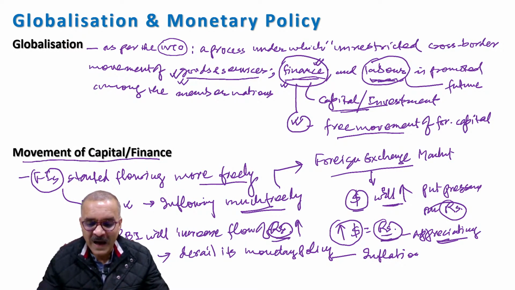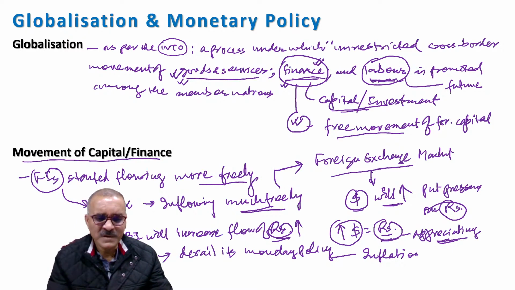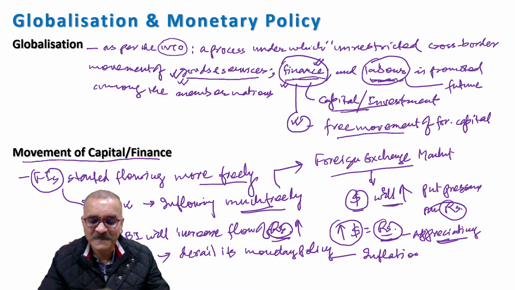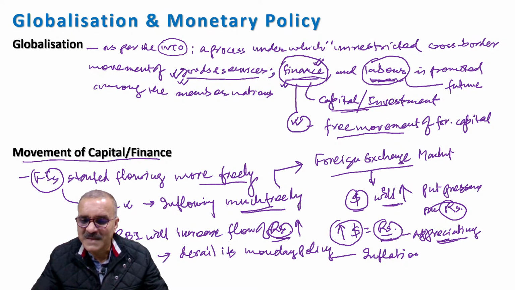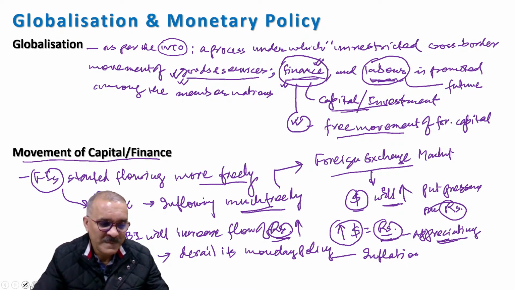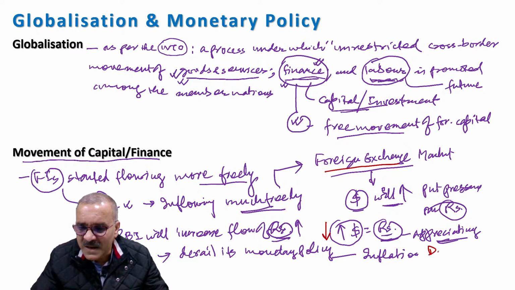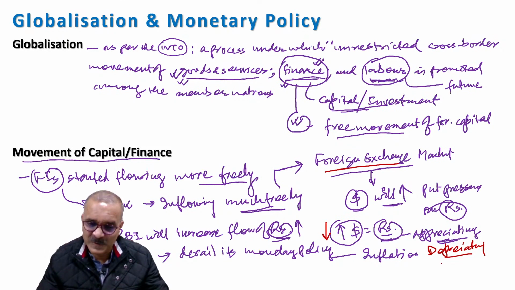Now in the opposite case, suppose due to some reason foreign fund flow is going down and down. This time, the supply of dollars in India's foreign exchange market will go down and the rupee will start depreciating. When the rupee depreciates, you will export more, provided you have customers, but your import cost will rise.